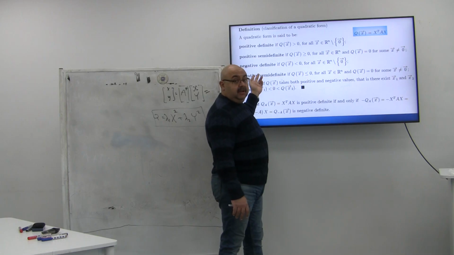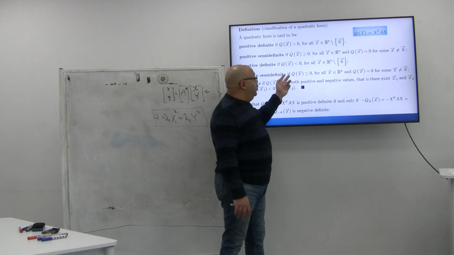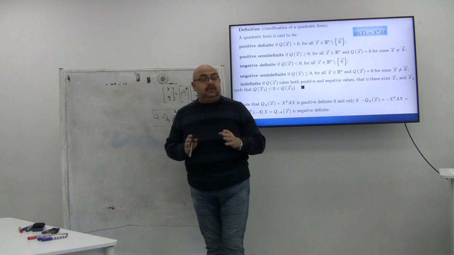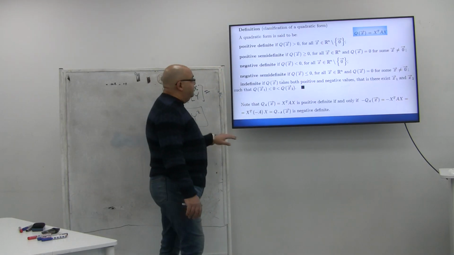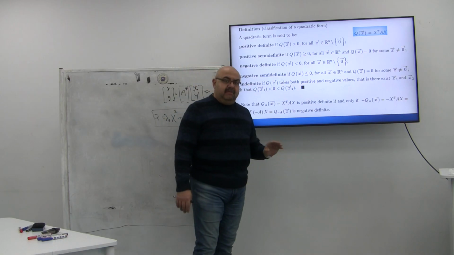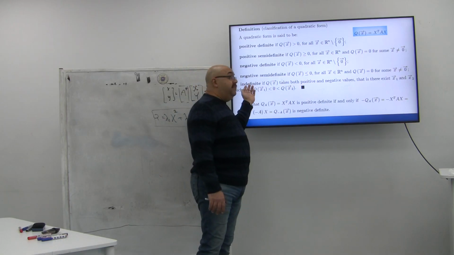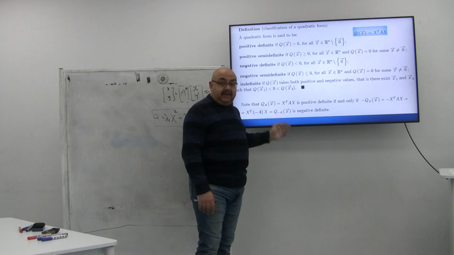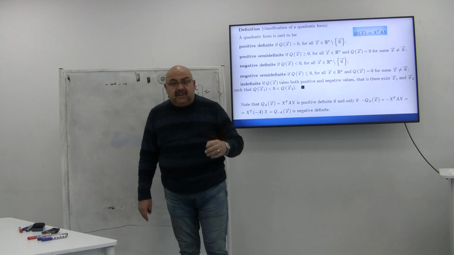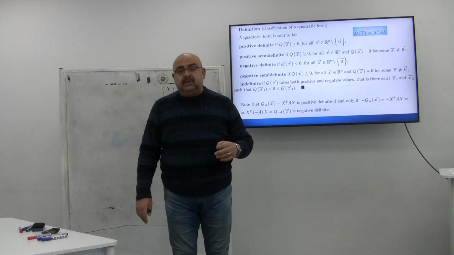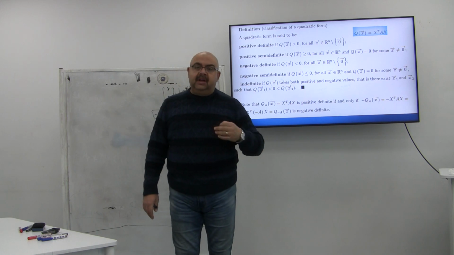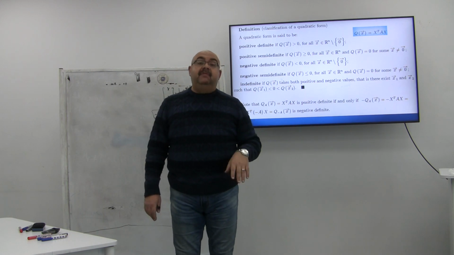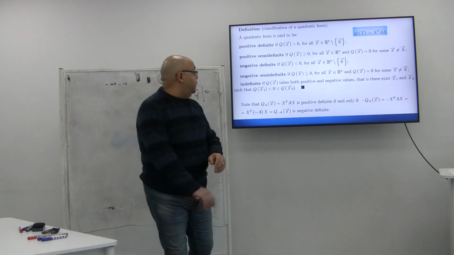Negative semi-definite may happen when some of the values are negative and others equal to 0. Once you have both positive and negative values, you will have an indefinite quadratic form, and that's the classification of the quadratic forms based on the signs of the quadratic forms, as you can see.